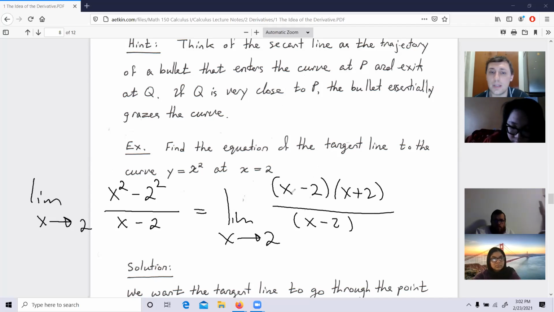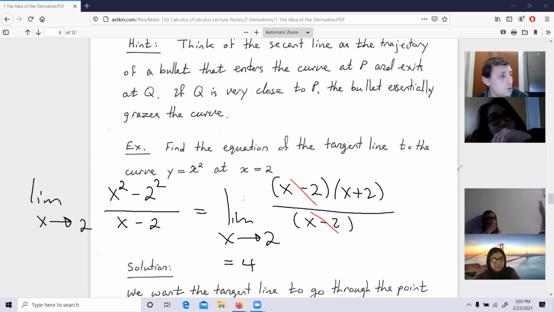And now, because x minus 2 is not a real 0, they are not actually the same points, I can just cross them out. And the result is simply 2 plus 2, which is 4. The result is 4. You agree? So I just figured that my slope of the tangent line is 4.